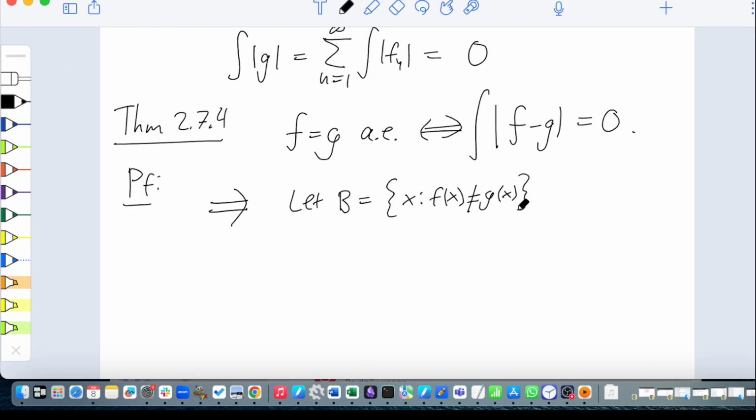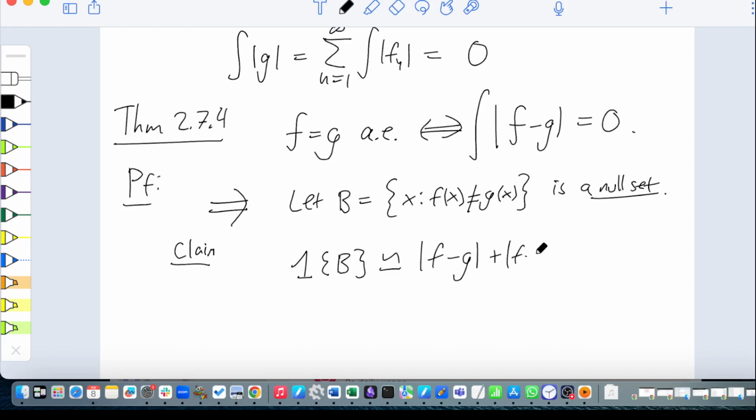And that is a null set, because if they are equal almost everywhere, it means that's a null set. And then I'm going to claim that the indicator function of the set B is sim equal to the absolute value of f minus g plus the absolute value of f minus g plus the absolute value of f minus g forever. Again, this is one of those silly things.